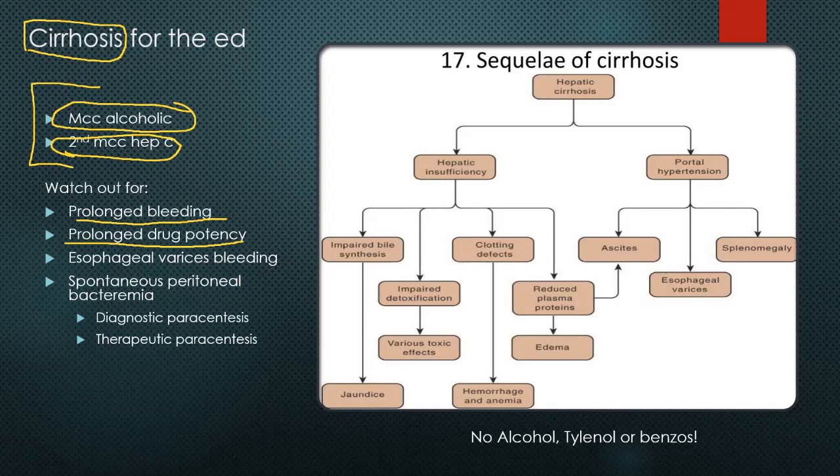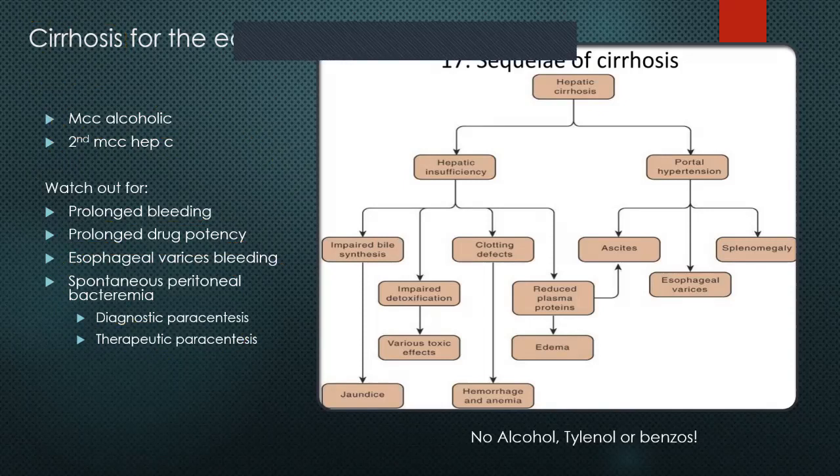You also need to think about esophageal varices, especially if we have alcoholic patients. And you need to consider the fact that if they have ascites, which almost all cirrhosis patients are going to get, could they have spontaneous bacterial peritonitis? And do they need a diagnostic or therapeutic paracentesis?